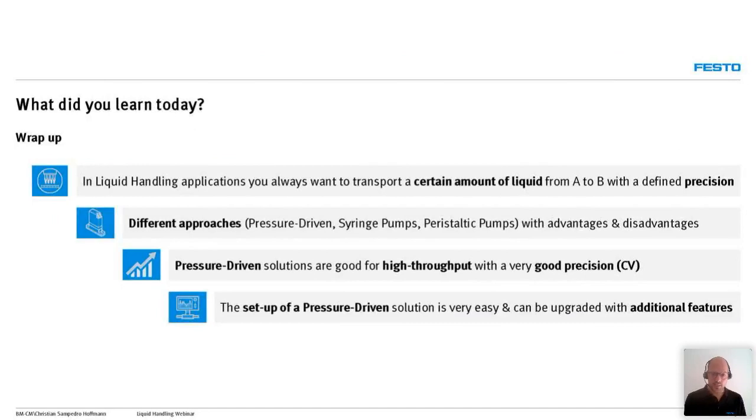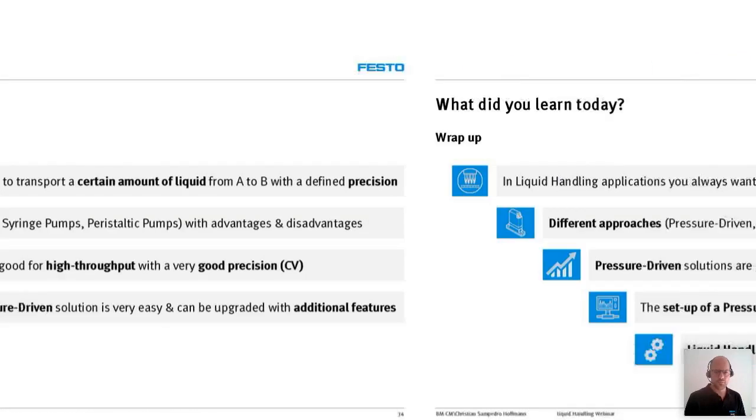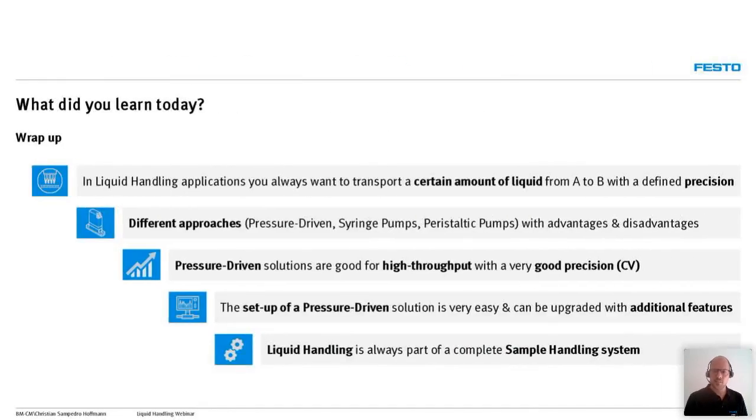We had a look at the setup of a pressure-driven solution. We saw the components which are necessary, and we learned that additional features can be added to the system as well. And at the end, with the video and the picture, we saw that liquid handling is not standing alone, it's part of a complete sample handling system. When you go to the lab, you see everything is running together.